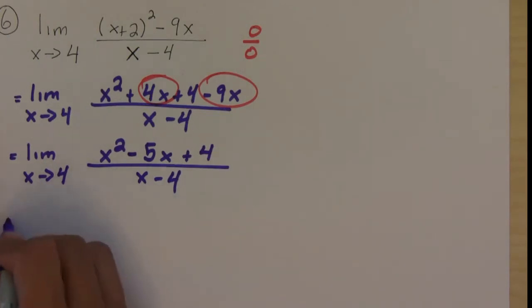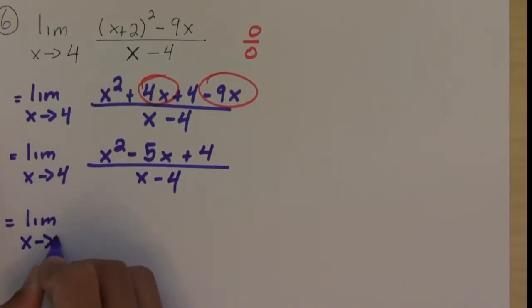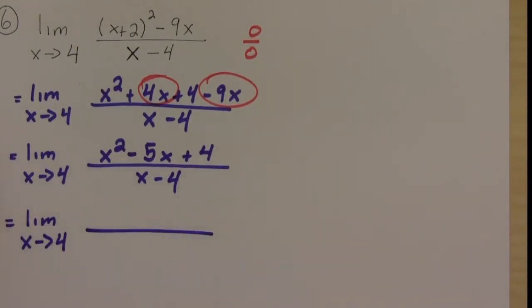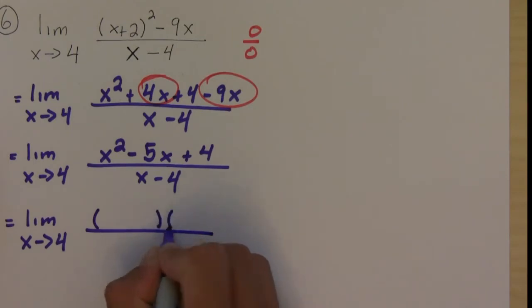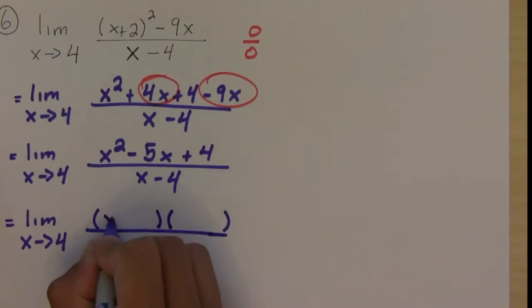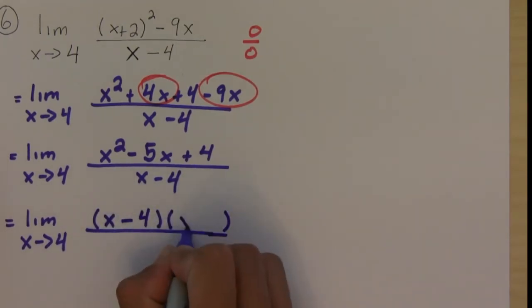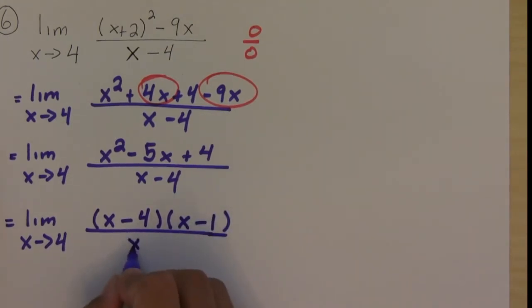And so then we can try factoring this guy. Well, let's see here. X squared minus 5x plus 4, well, that looks quite factorable, into x minus 4 and x minus 1.